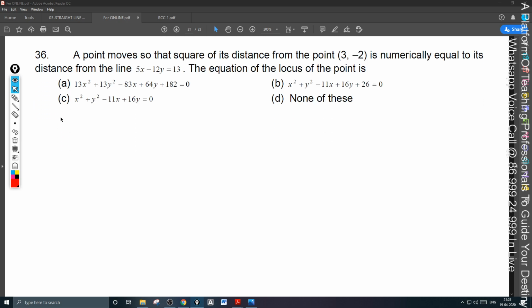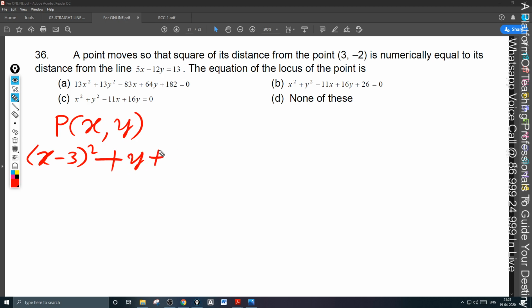A point moves so that the square of its distance from the point 3 comma minus 2 is numerically equal to its distance from the line 5x minus 12y is equal to 30. Then find the locus of the point. Let the point be P(x, y). The square of its distance from 3 comma minus 2 is nothing but (x minus 3) whole square plus (y plus 2) whole square.